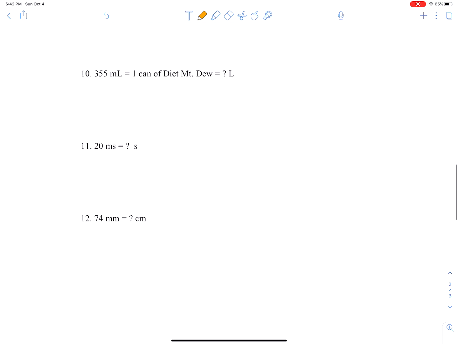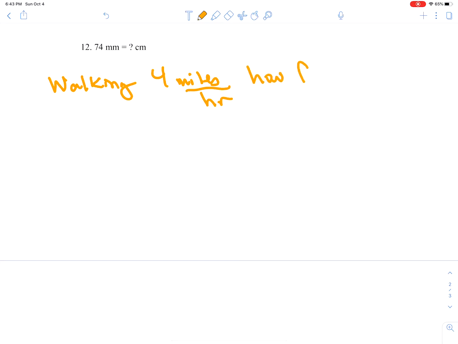Let's try something where we have 2 units. So if I am walking four miles per hour, how many feet per second does that equal?